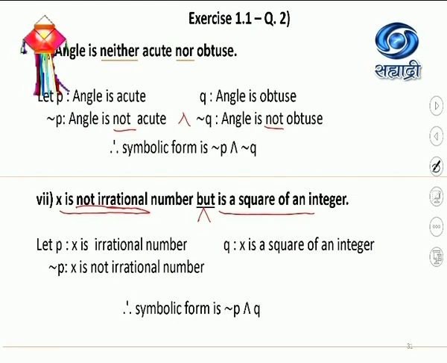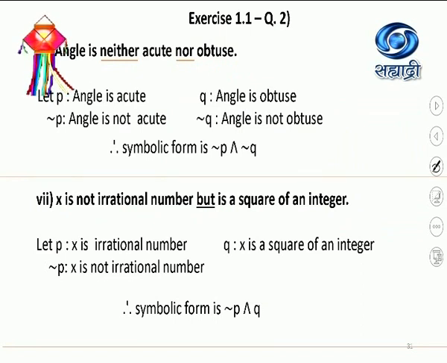Do you get it? What is the peculiarity about these two statements? Look, in the first case, the neither nor phrase was used. Somebody will say, madam, can I write it as P and Q? No, because then we will take P as this and Q as this. We do not take negative statements as a statement to begin with. We always take the statement as positive and then write it.